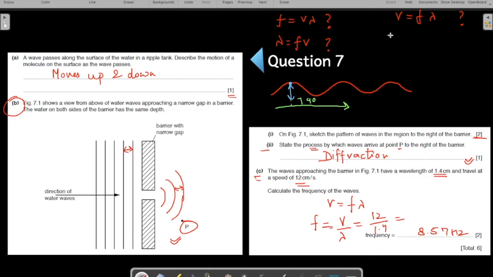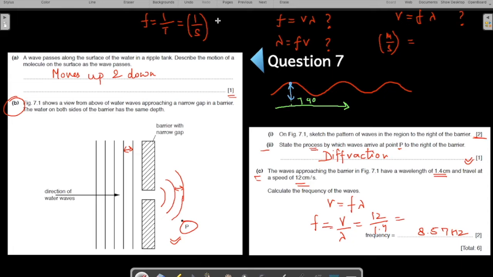So what is the unit for speed? Meters per second. On the left you have the unit meters per second. What is the unit for frequency? It is Hertz. But the other formula for frequency is 1 over time period, so the unit for frequency is 1 over seconds, which is the same as Hertz.